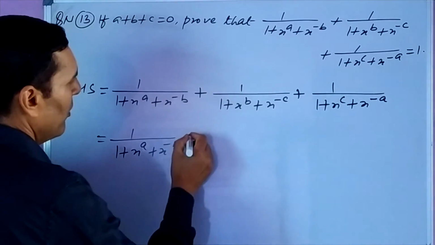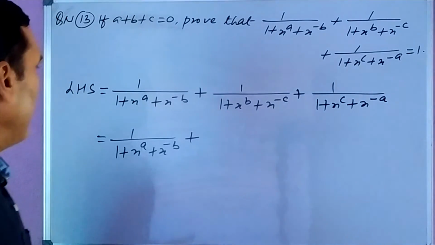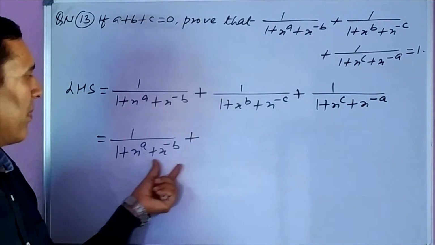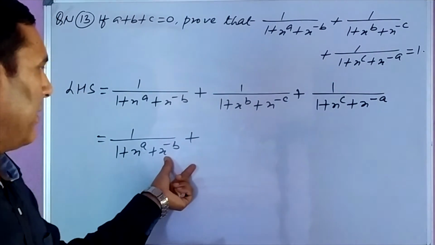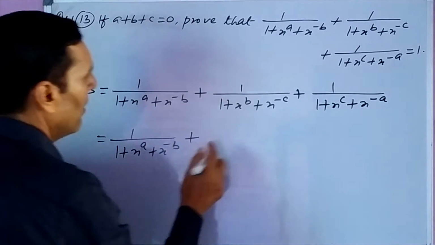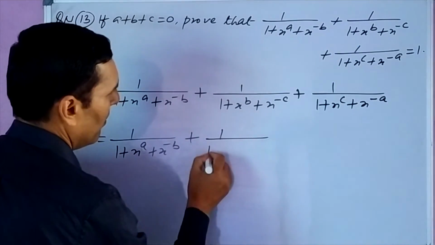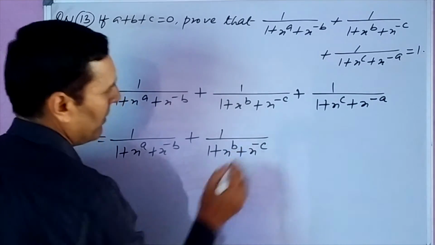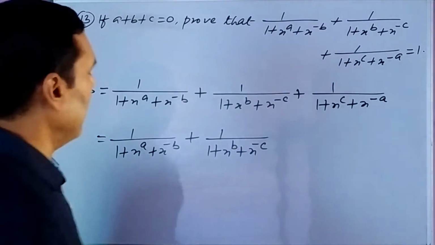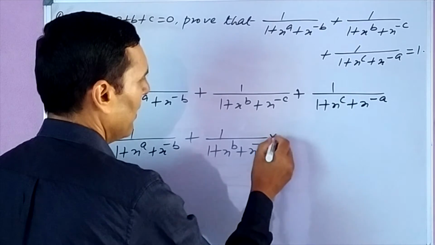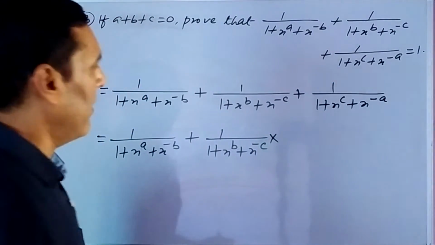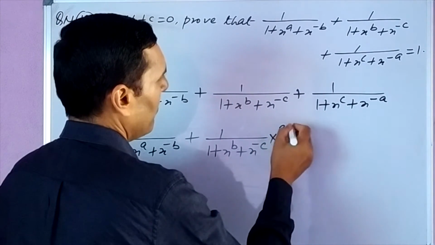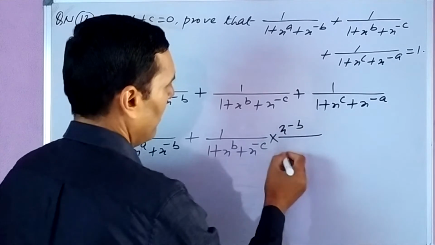Now the second denominator, how can it be made, this 1 plus f to the power a plus f to the power minus b. The second denominator is 1 plus f to the power b plus f to the power minus c. Here I am multiplying both numerator and denominator by f to the power minus b.